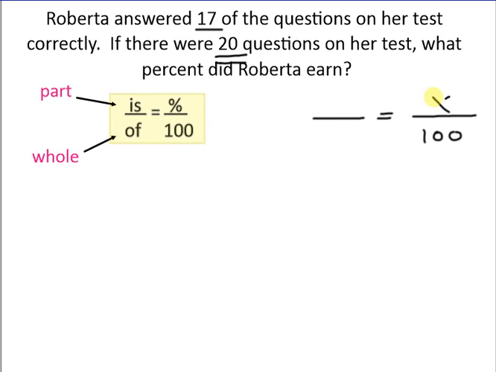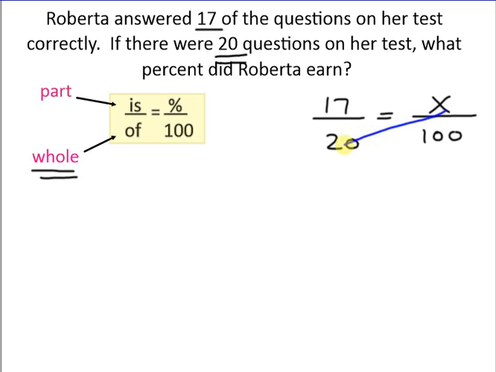So we know we're finding the percent. That's X. How many questions were on the test in total? That's the whole. There were 20 questions. How many did she get right? 17. That's the part. We need to find out her percentage.